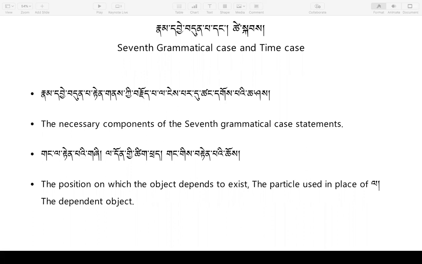So whenever we want to identify a statement to be of the seventh grammatical case, we have to identify each of the components.